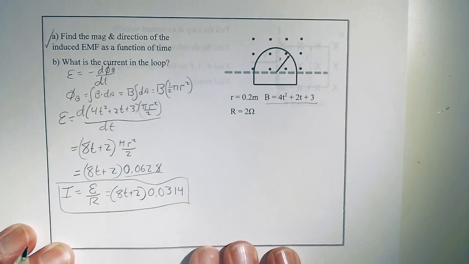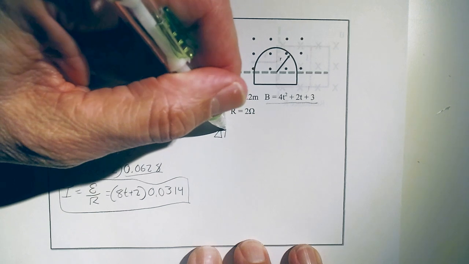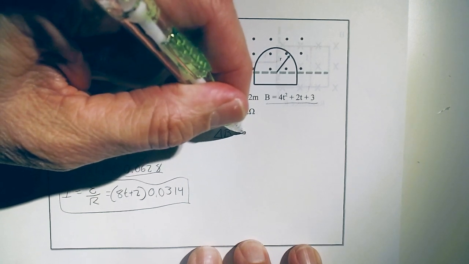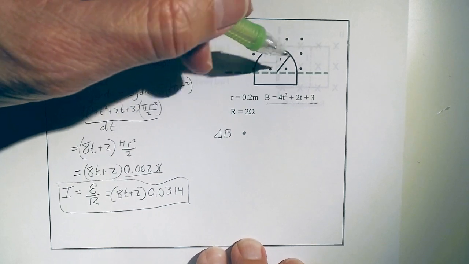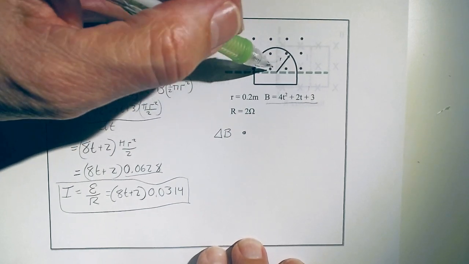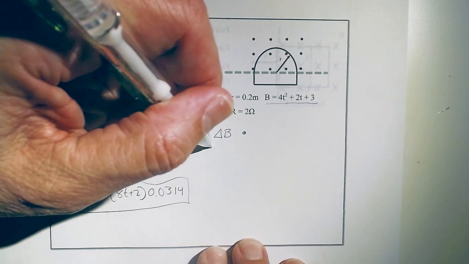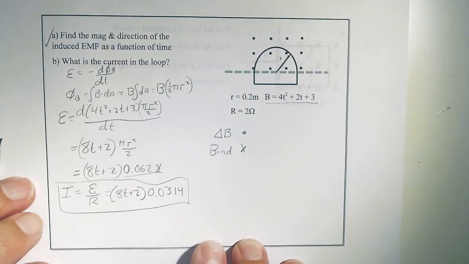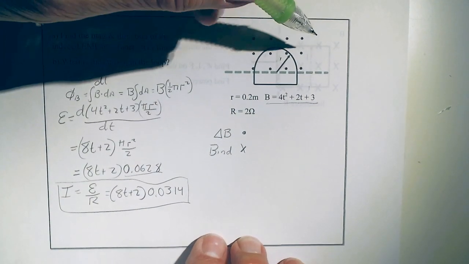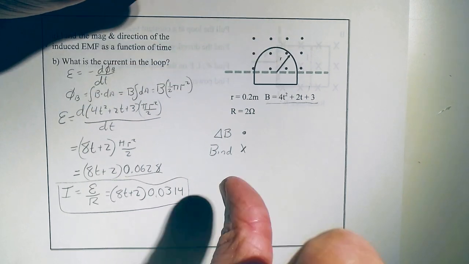Now let's talk about Lenz's law. The delta B is out of the page, right? So the B field is increasing out of the page because each of these things is getting stronger. Therefore, the B induced has to be into the page. And if the B induced is into the page, let's figure out what would cause into the page.